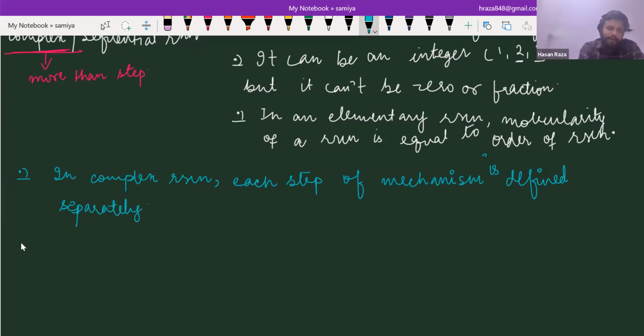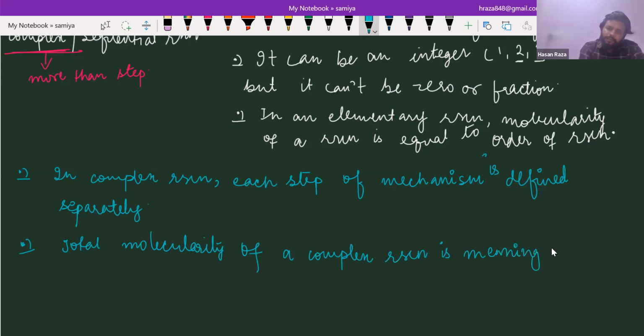You can define it, but if you want to get a total molecularity of a complex reaction, it is meaningless. That I already explained.